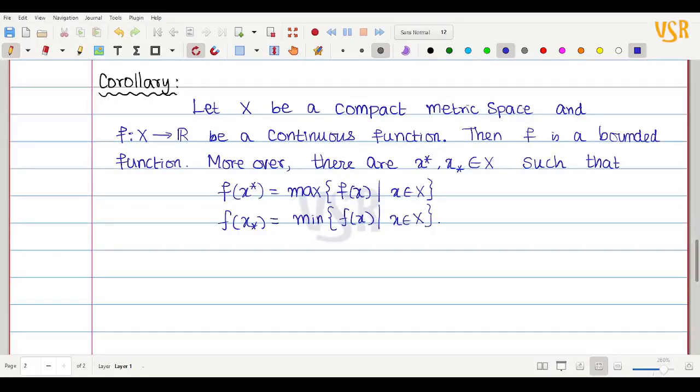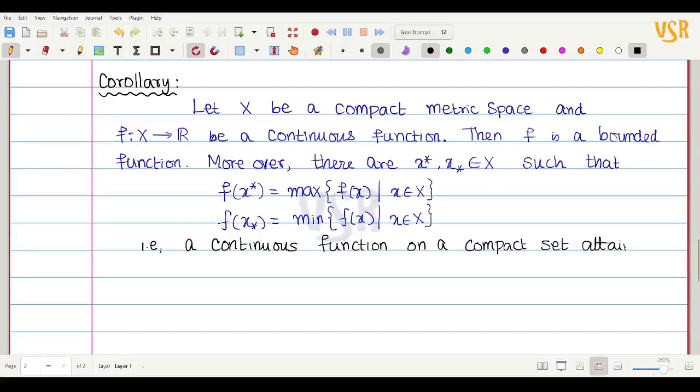Okay, we can say all this in one line. What can we say? A continuous function on a compact set attains its maximum and minimum.